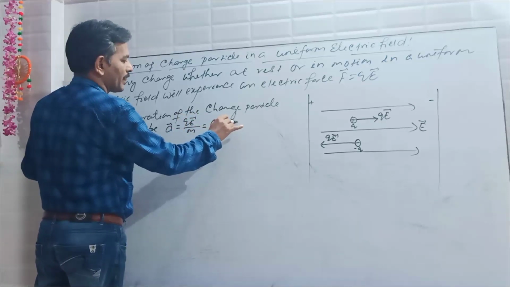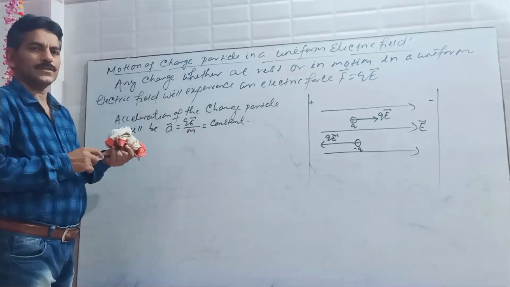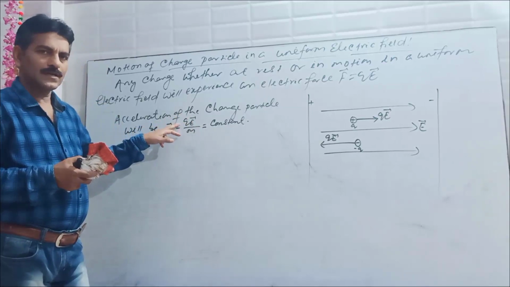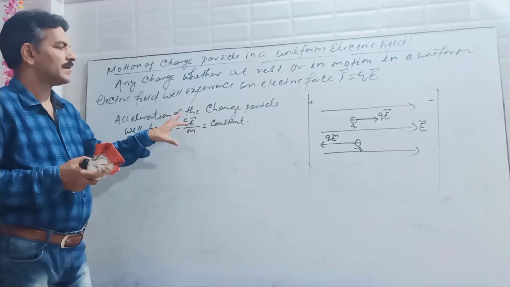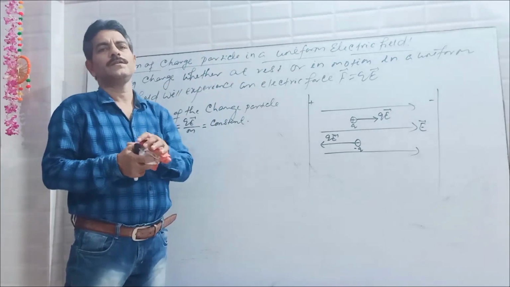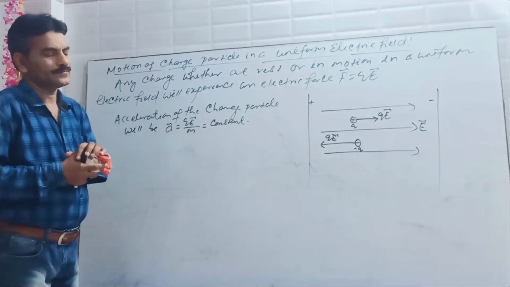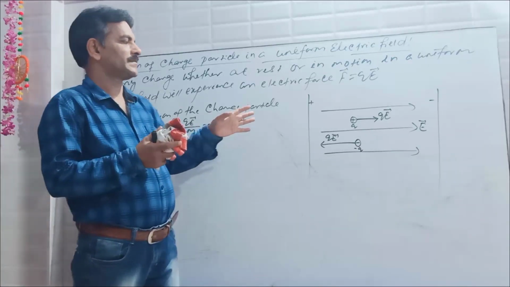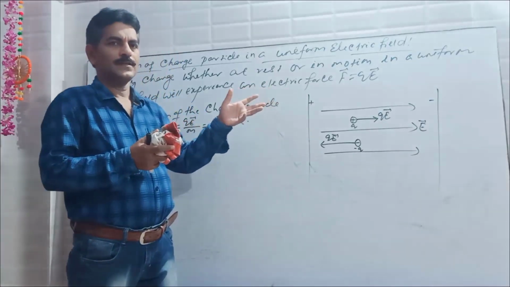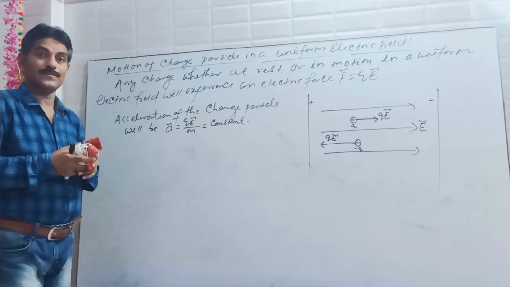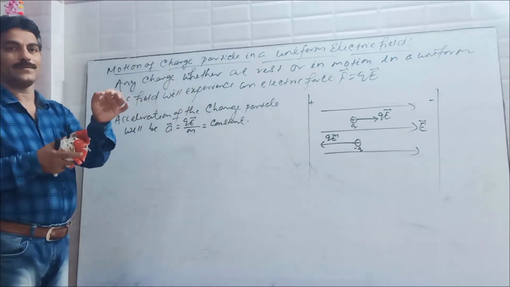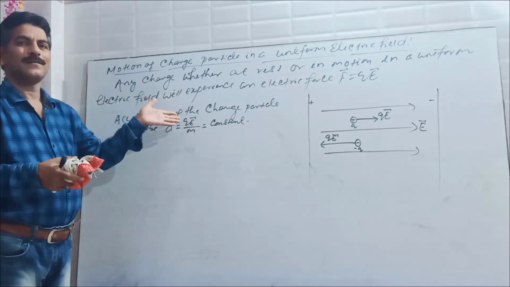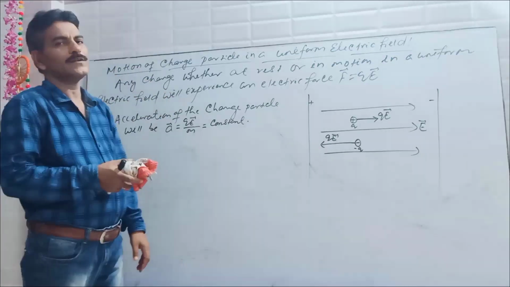You see, this acceleration is constant because E is uniform, charge is constant, mass is constant. So overall the acceleration of the charged particle will be constant. Clear? So since the charged particle experiences a constant acceleration, all the kinematic equations, v equal to u plus at, s equal to ut plus half at square, v square equal to u square plus 2as, are applicable to the motion of the charged particle also.